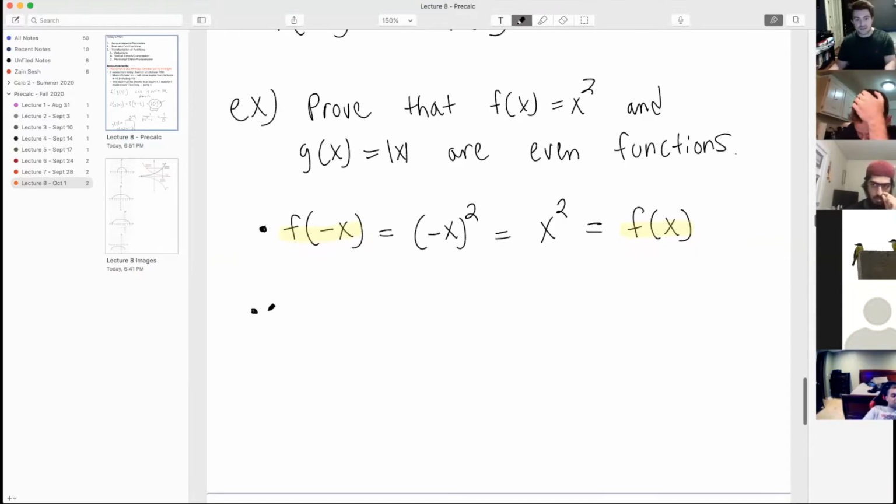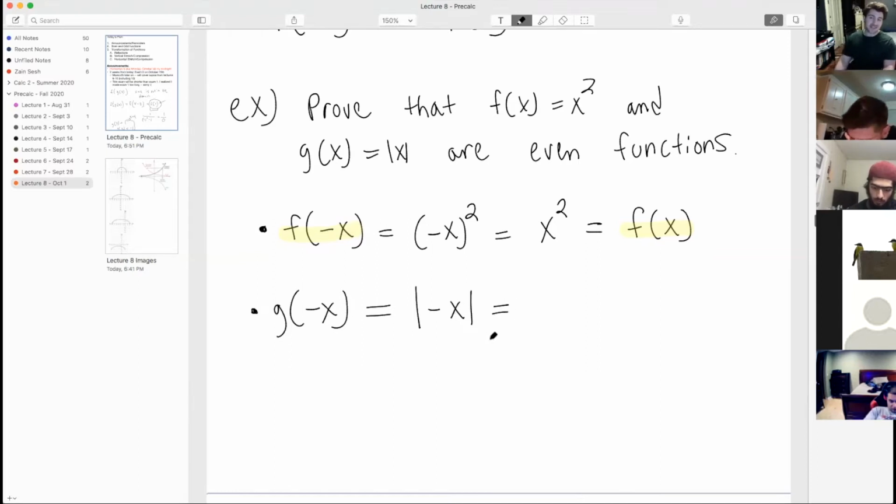All right, next, we do the same thing for g. Look at g of minus x. By definition, it's the absolute value of negative x. Good, and in a similar way, the absolute value of a number's negation is the same as the absolute value of that number, right?